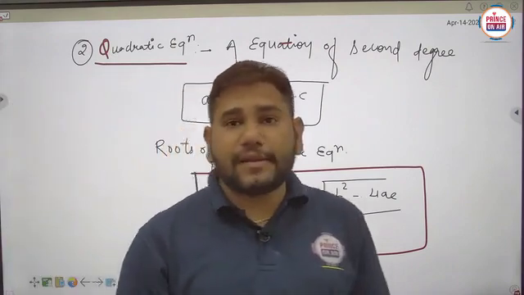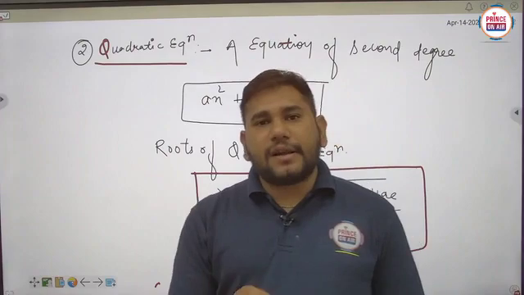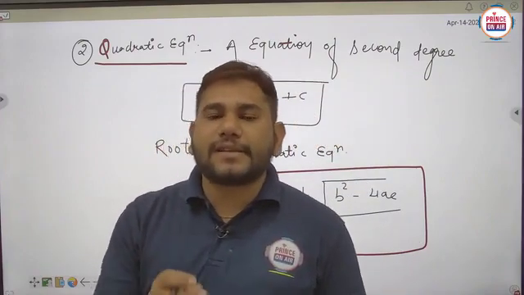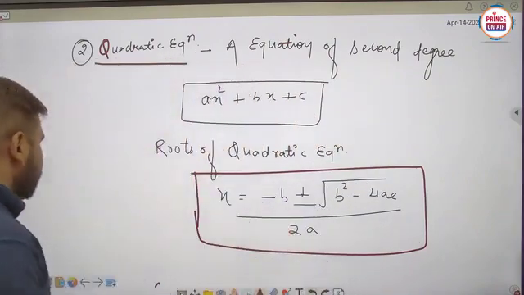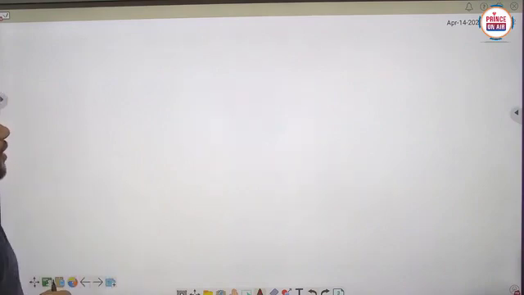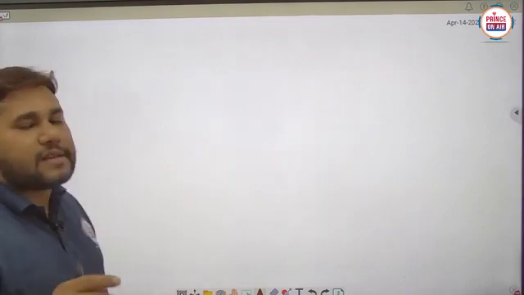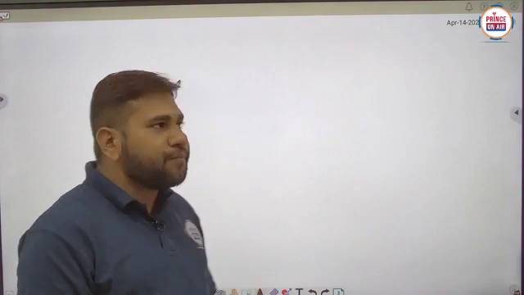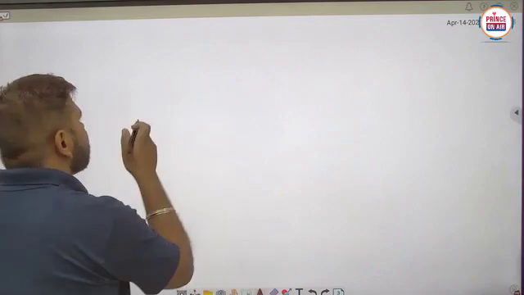So, dear students, we will understand this quadratic equation by a simple example. Now we will do an example based on the quadratic equation. Here I am writing a very simple example.